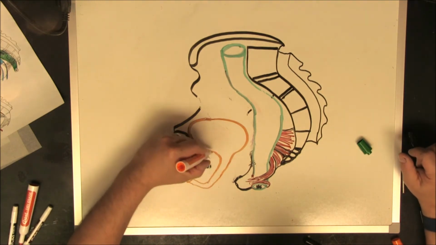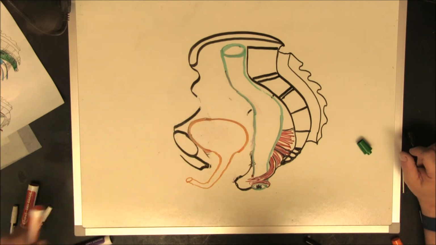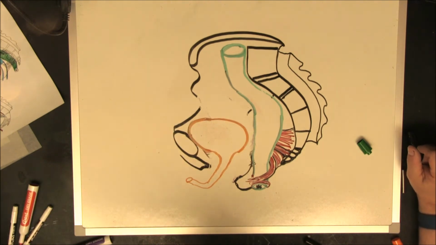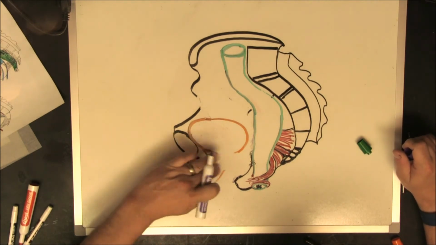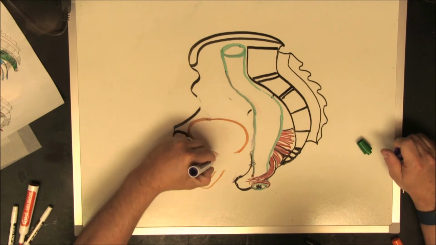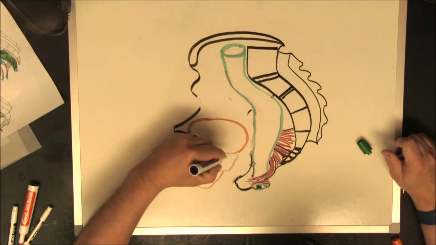But here, we're just going to draw the rectum in there, and at the base of the bladder, we've got the prostate gland. So in males we have a prostate gland sitting right there.